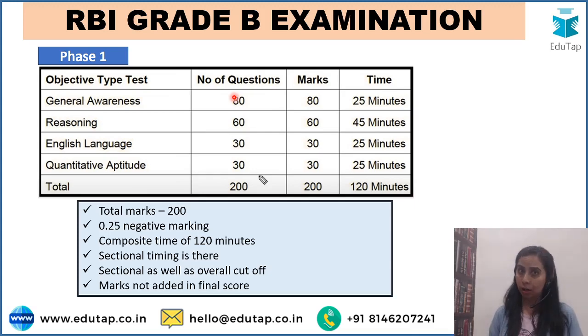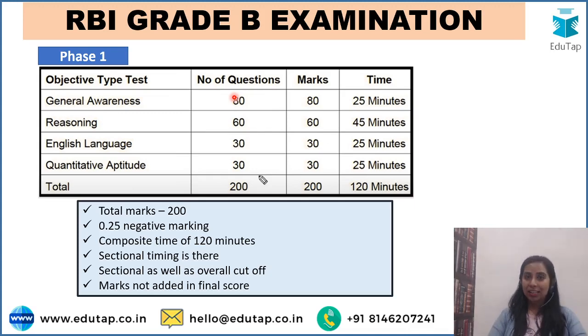Of course, there is a cutoff of the full cutoff out of 200 marks, and there is also a cutoff of sections. That means you have to get bare minimum marks in each and every section. Also guys, there is a negative marking of 0.25 marks. That is, if one question is of 1 mark, 1/4 marks will be deducted for every wrong answer.